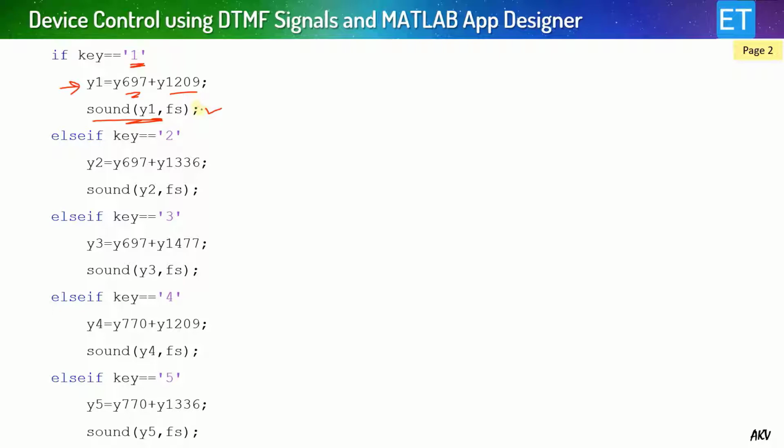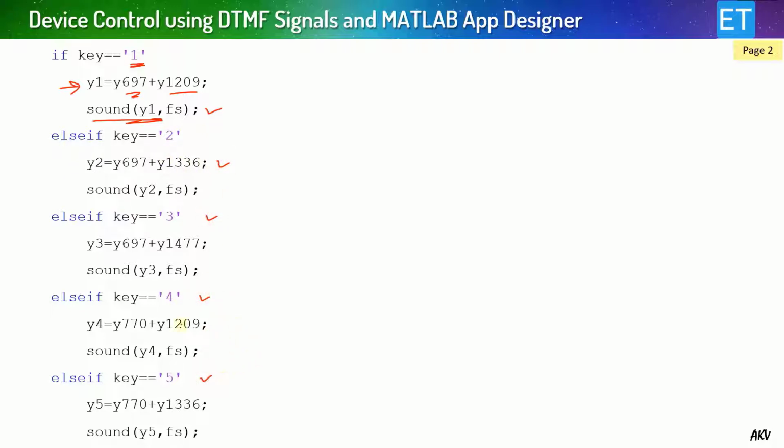So if you have inserted the 3.5 mm module cable, then you will receive the signal through that cable. Or if you have inserted some headphone or nothing is inserted, then you can listen to this sound via the laptop speaker, okay. So this is for key press 2, key press 3, 4, 5.